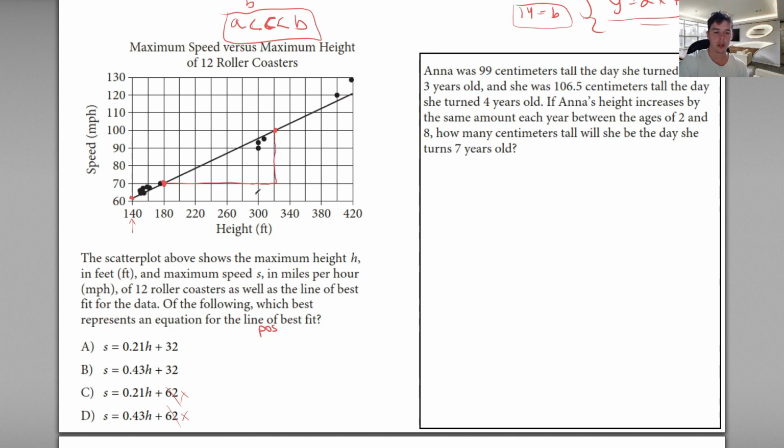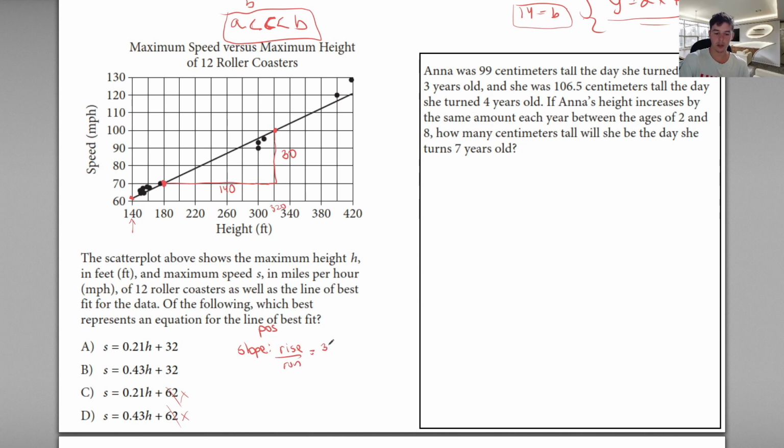Let's do the projections. So we know that the rise is from 70 to 100. That's 30. So the run is from 180 to 320. Let me make sure: 320 minus 180. Okay, 140. So we know that the slope is rise over run.